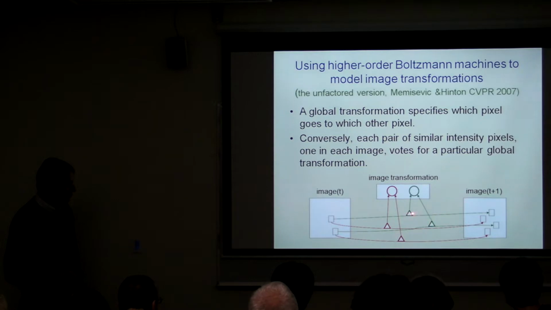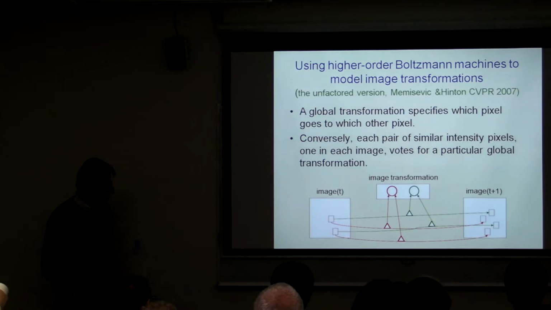So if we put big positive weights there, when we see that pair and that pair, we'll activate this guy. Or conversely, when we see this and we activate that guy, we'll get lots of input to these guys and we'll turn those guys on. Alternatively, if these dots went somewhere else, you'd activate some other transformation. And actually the transformations could have some distributed representation, that would be fine.